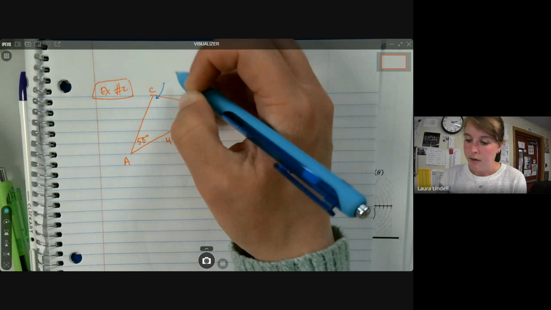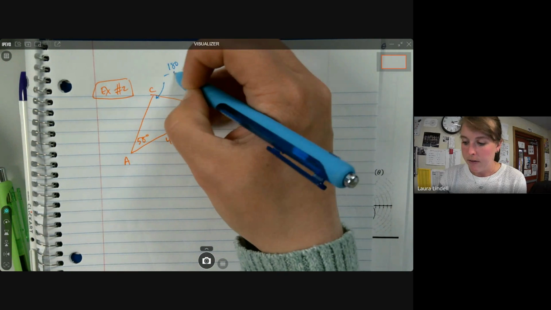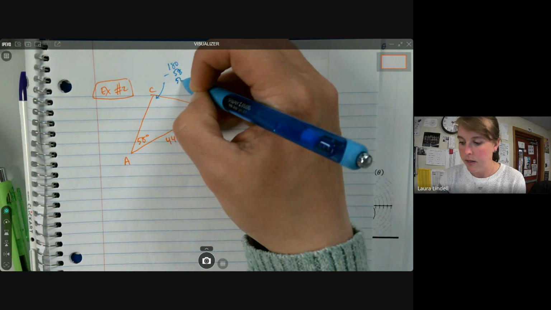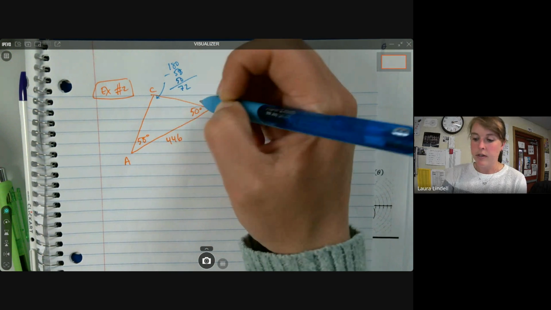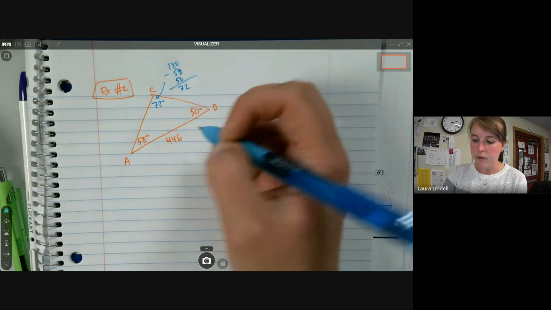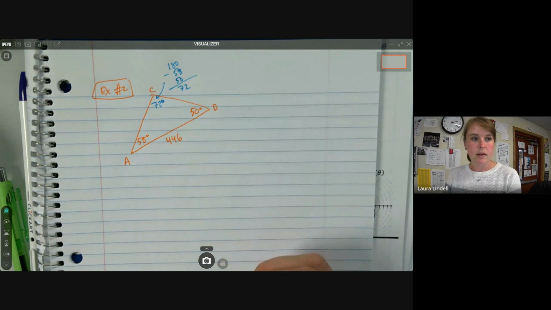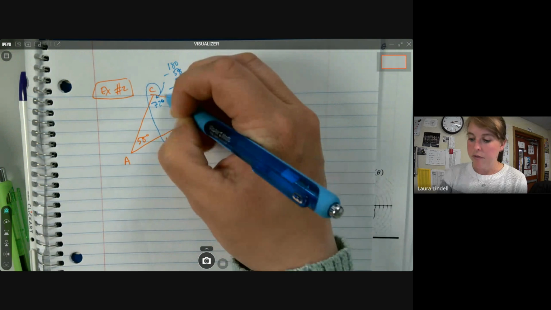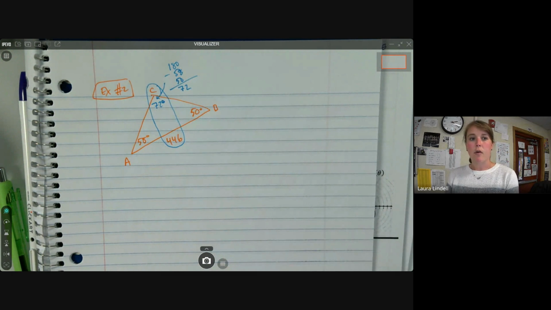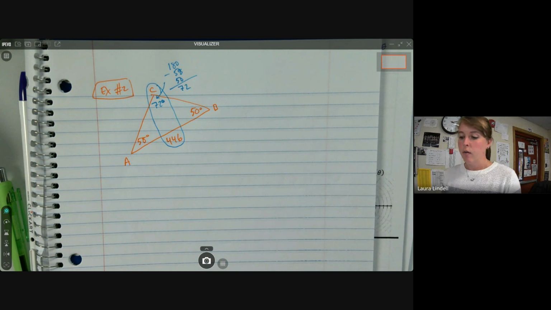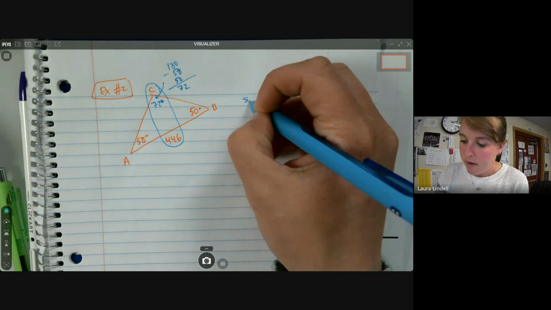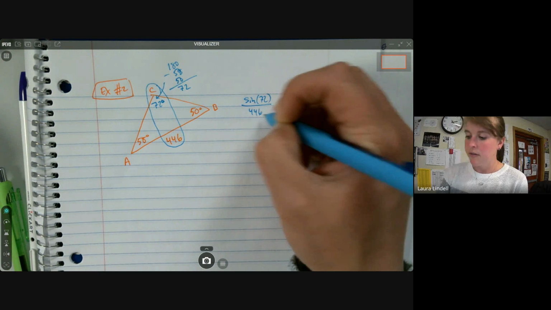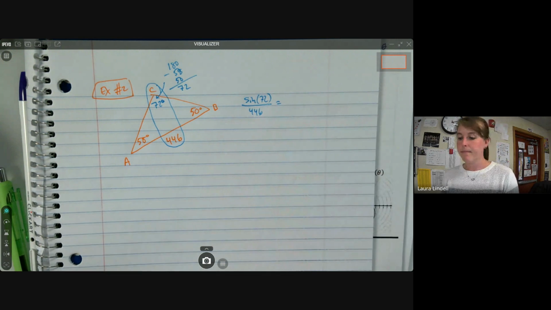Angle C, you got to go 180 minus 58 minus 50, which is 72. So we know this is 72 degrees. Great. Now we notice that this is our angle side pair. So everything that I set up for this, we're going to be using sine of 72 over 446 equals something.